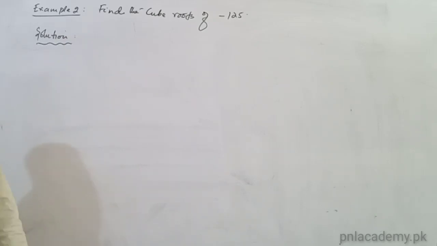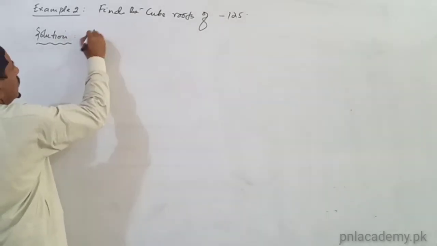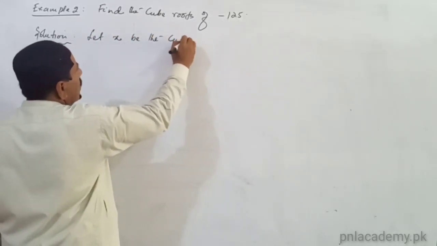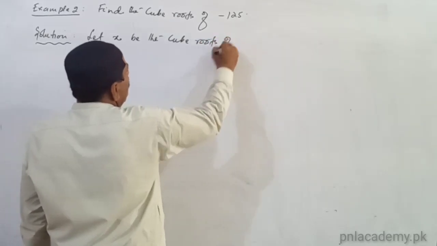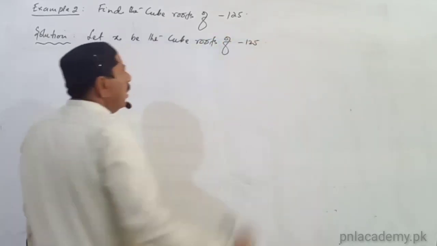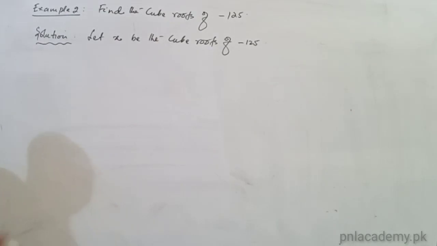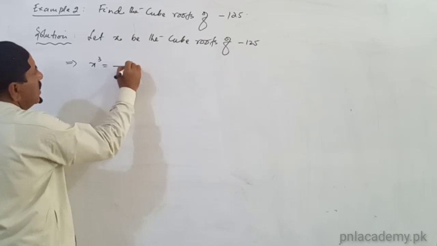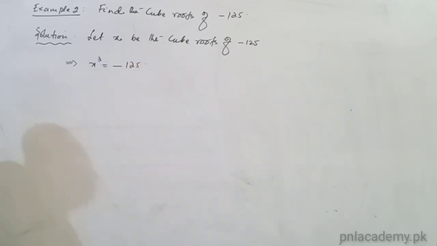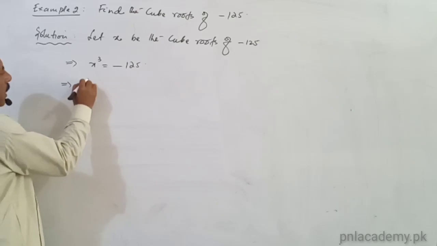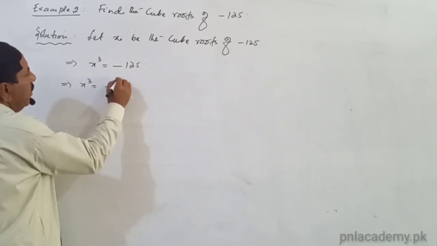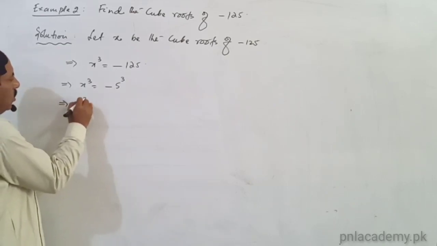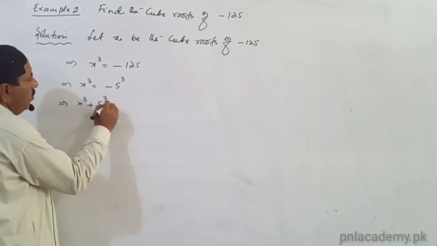Let x be the cube root of minus 125. It implies that x cube is equal to minus 125, or we can say that x cube is equal to minus 5 whole cube. Therefore, x cube plus 5 cube is equal to 0.